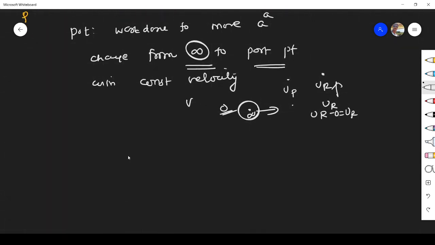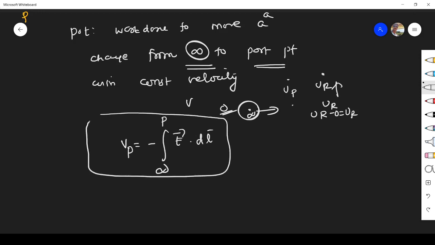Next, the very important equation: potential at a particular point is equal to minus integral from infinity to P of E dot dl. You understand the difference? This is potential, or absolute potential.